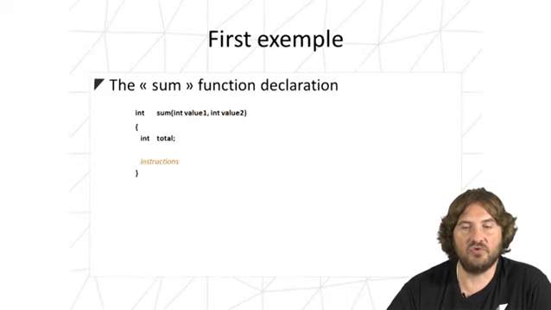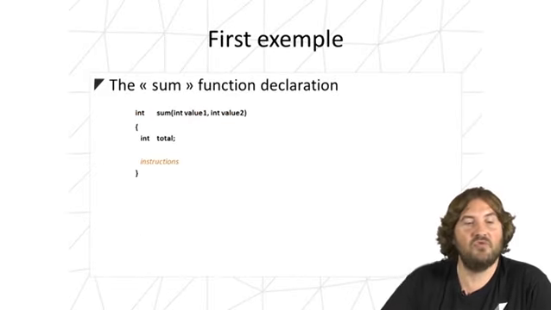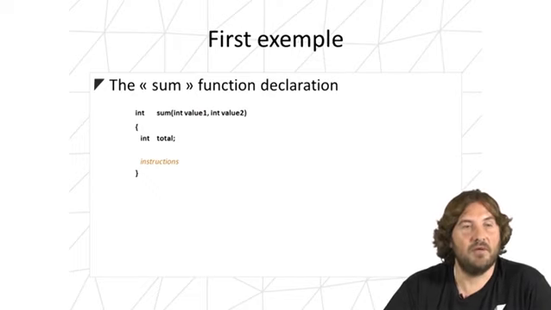Here's a quick example of a small function. Here we'll declare a function called sum, brackets, which returns an int, and which takes two parameters. A parameter value1, which is of type int, and a second parameter value2, which is also an int. This function starts with a block, so an opening curly bracket.